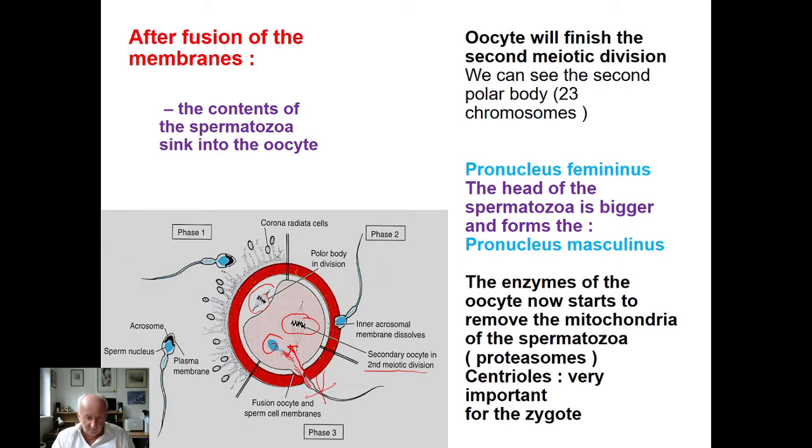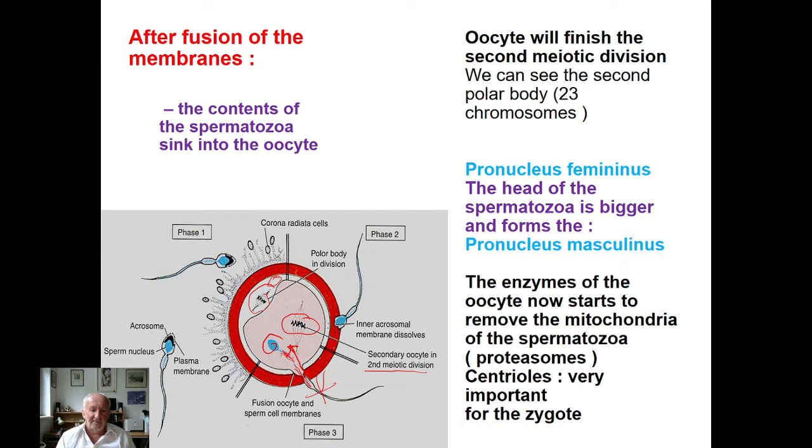Now the next stages of the second meiotic division will happen: anaphase, telophase. The second polar body will be somewhere at this place.